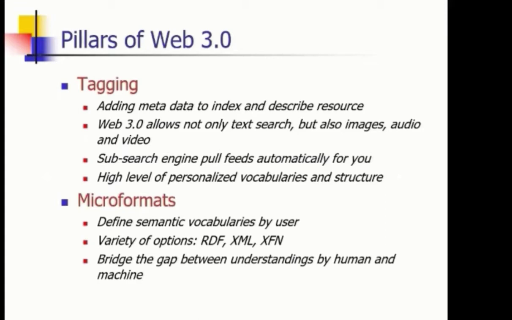Whenever a user wants to search any query in the sub-engine, it automatically tries to link with the exact query, with that site, with that server through which the user wants to search. High-level personalized vocabulary and structure also make it possible to tag.